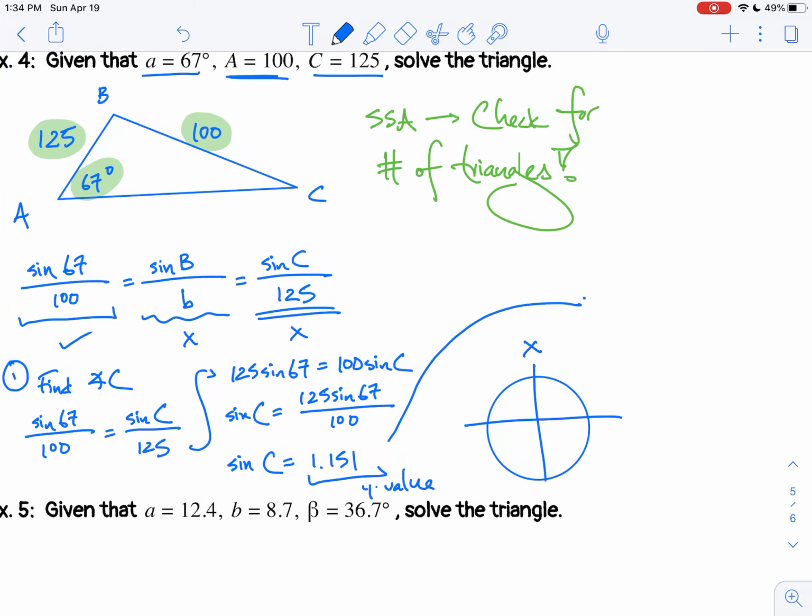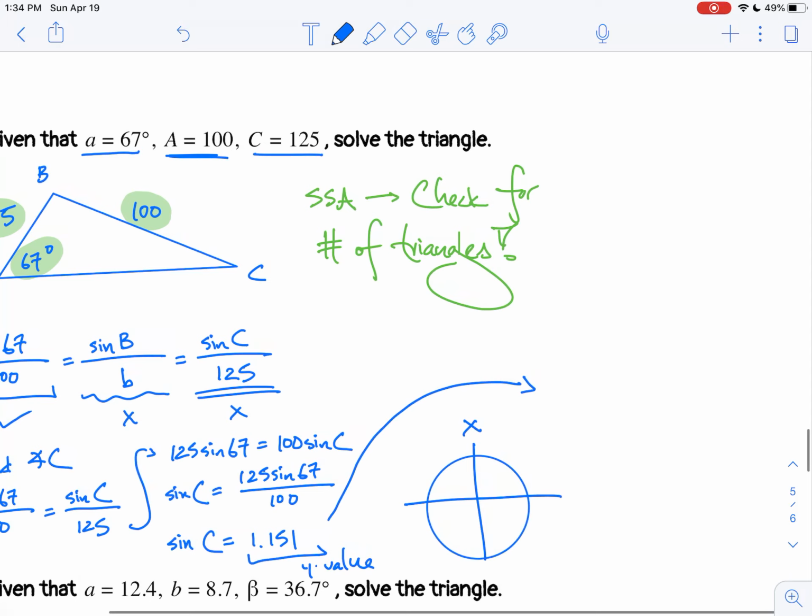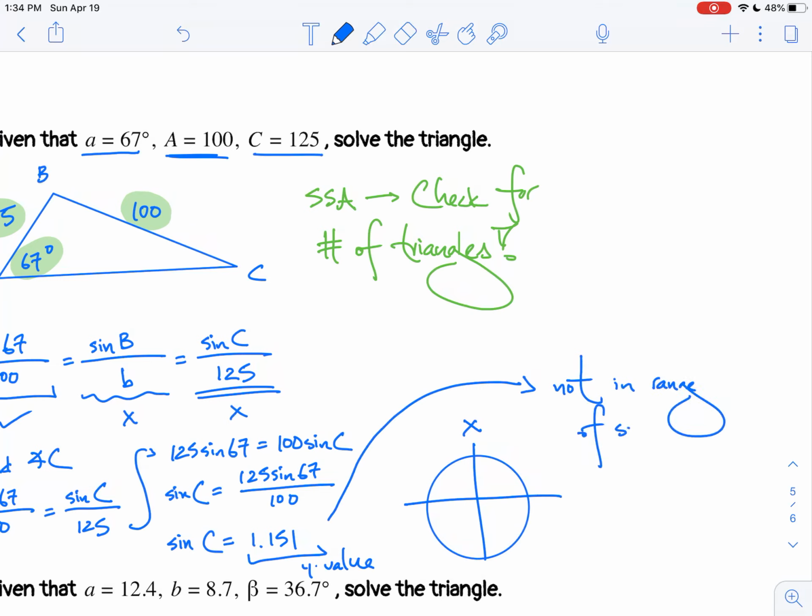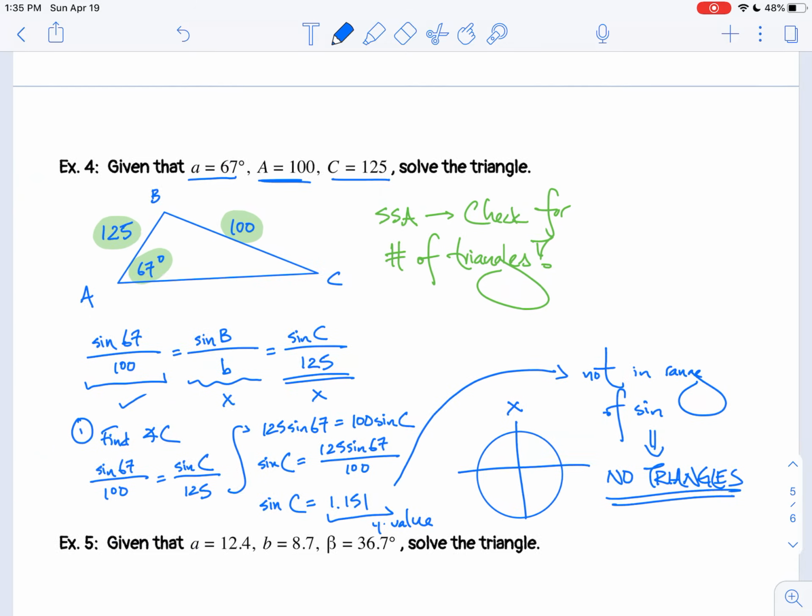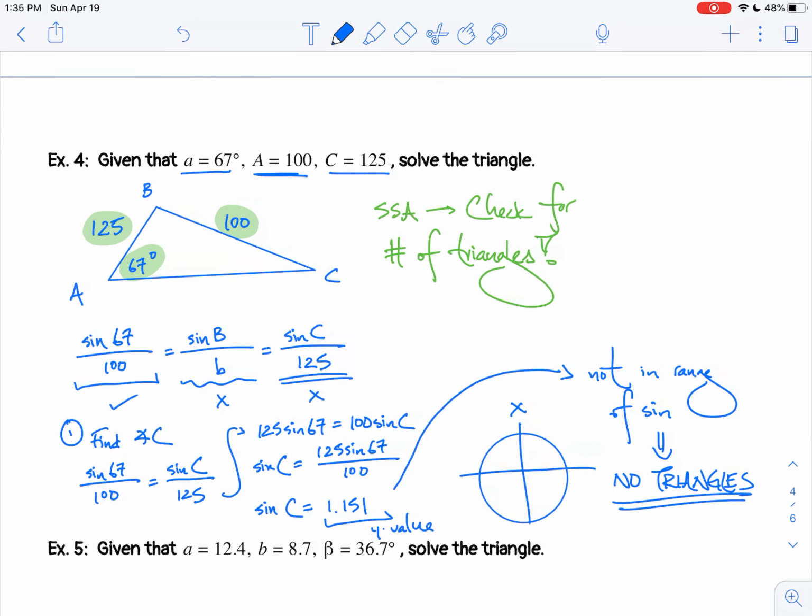So in this case, that is not in the range of the sine function, so that means that there are no possible triangles here, okay?